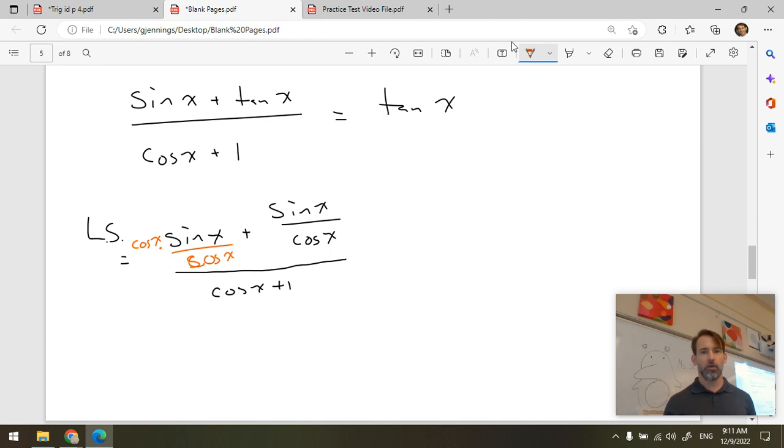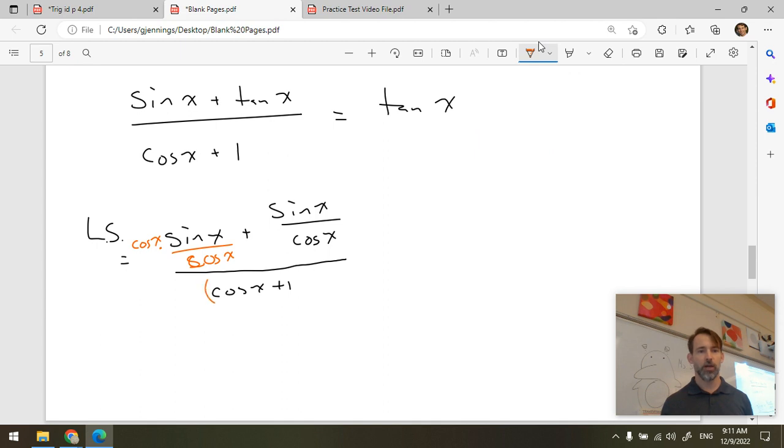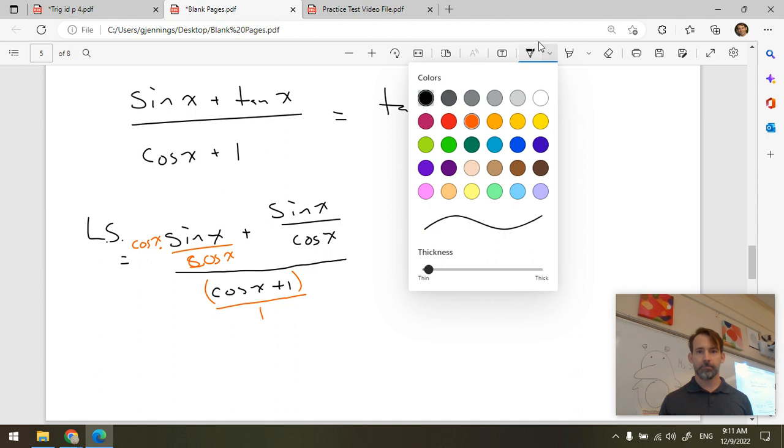I just multiplied by 1. So now I can go ahead and add the tops together. But another useful thing to do here would be to say, well, this denominator could be written as cosine x plus 1 over 1. I also didn't change it. I just showed some invisible things there. So let's keep going.